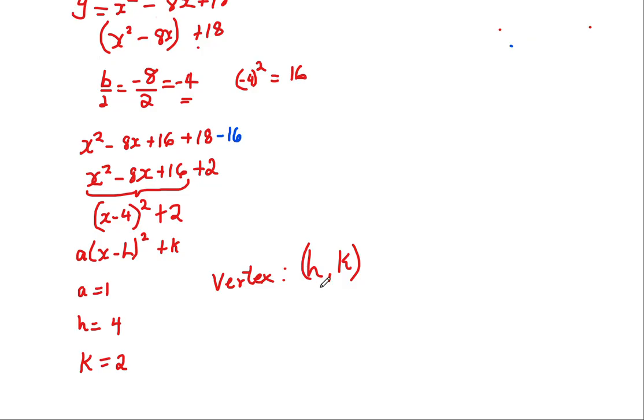And because the vertex is (h, k), then it means that the value of this coordinate for the vertex, which tells us the turning point of the parabola that represents the curve, then (h, k) here would be (4, 2). These are the coordinates of the vertex.